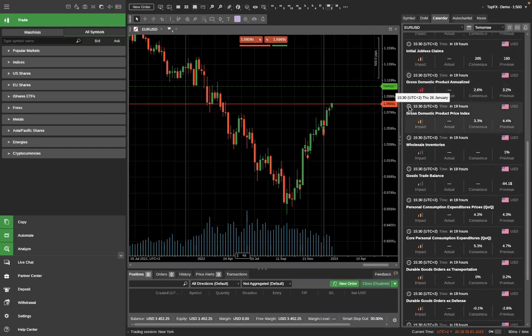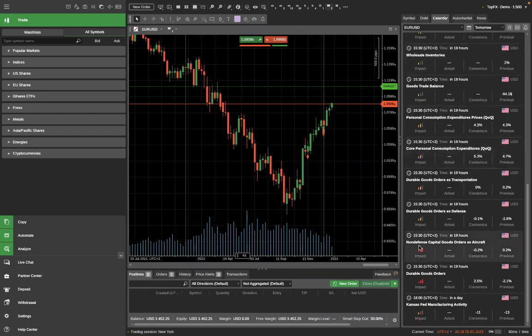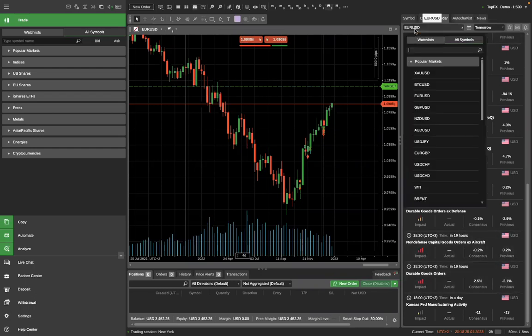Yes, so you don't want to see any low impact events because you are not particularly interested in them, or your strategy doesn't care about low impact events. So you can visually identify straight away the high impact releases like non-defense capital goods orders excluding aircraft and durable goods orders. Both of them are from the US dollar because they are related to the euro dollar currency pair.